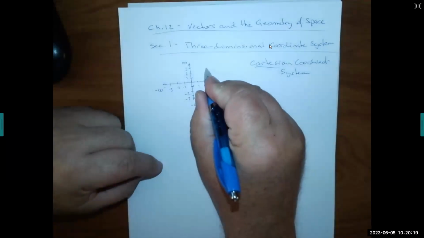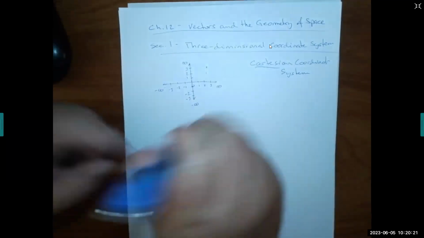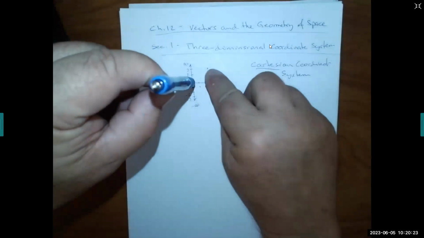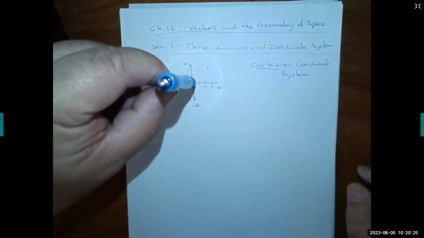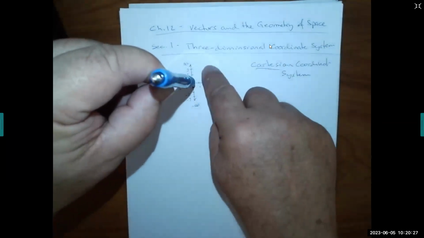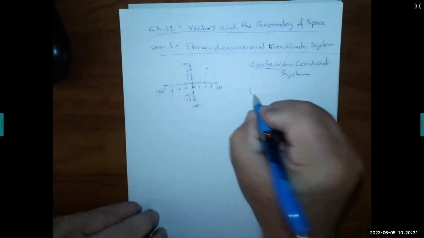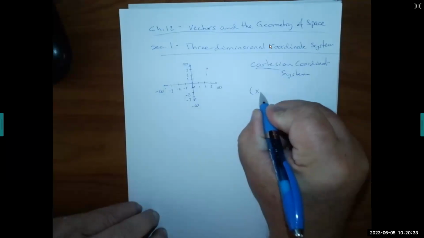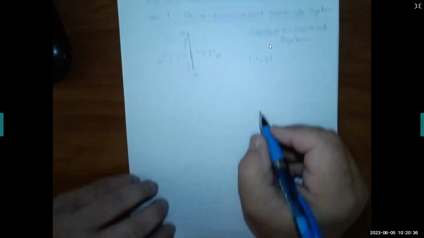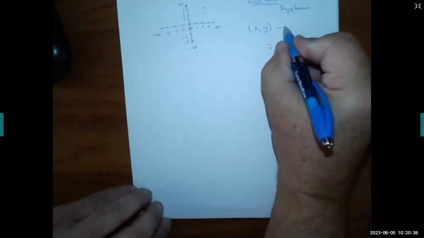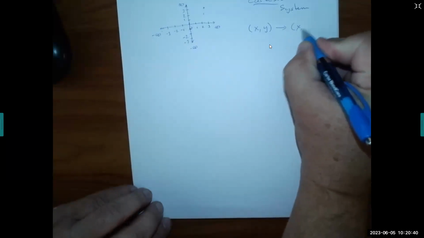So if we have a point here at 2, 3, and if we lift that point up here, then we have a point at 2, 3, say 5. Now we have three dimensions. The coordinate points used to be x, y. Now we're going through the three-dimensional, x, y, z.